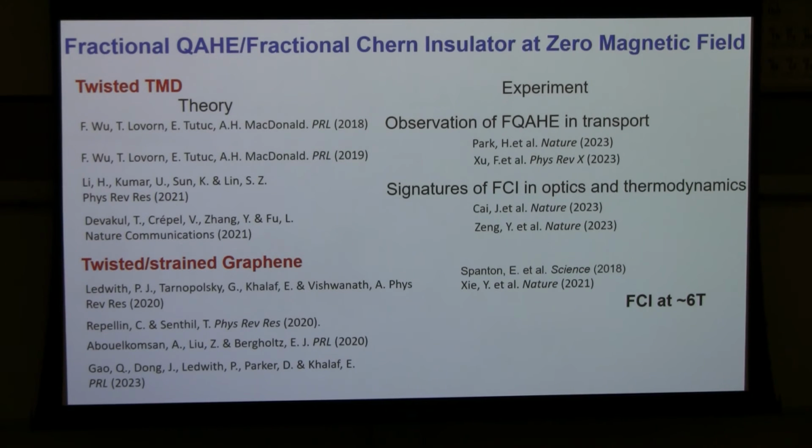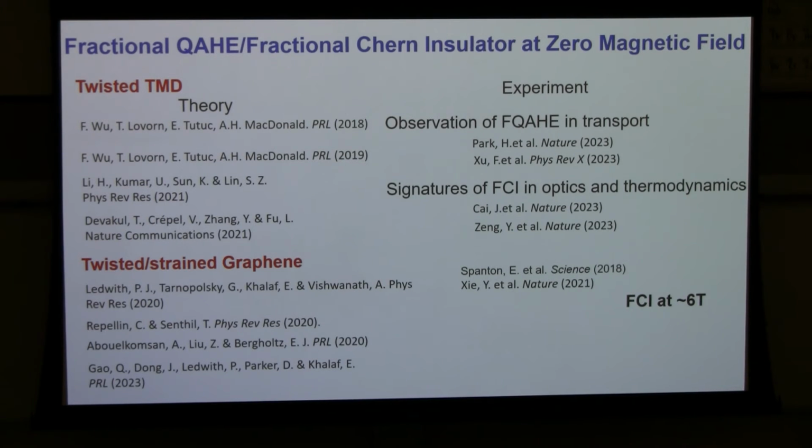And there were also theoretical predictions of getting this in twisted bilayer graphene or some kind of strained graphene. But so far, the best experiment shows the fractional Chern insulator at about 6 Tesla, which is still far away from 0 Tesla.